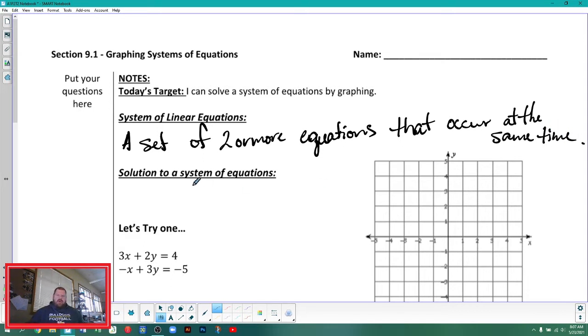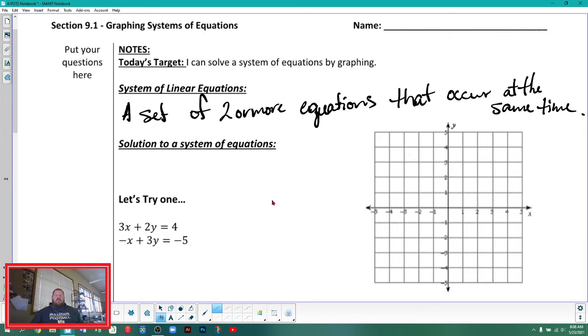Any system of equations or system of linear equations, or sometimes even the long name of it, would be a simultaneous system of linear equations.